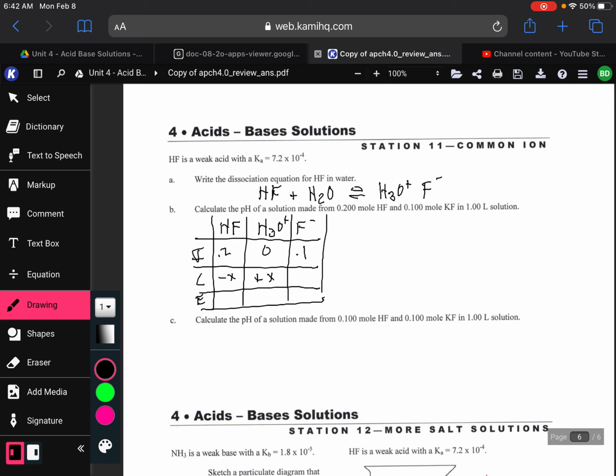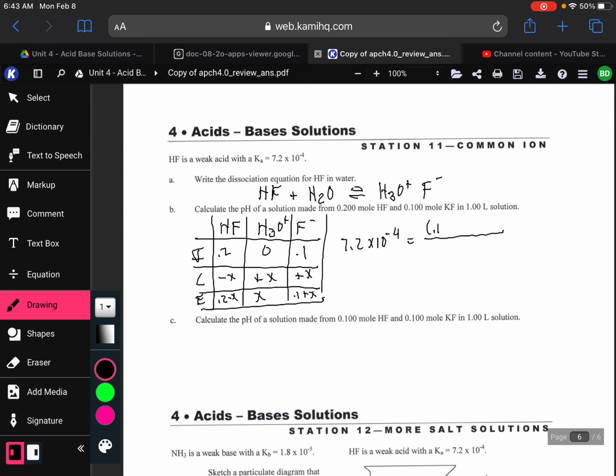So this will be plus X and plus X. So you got 0.2 minus X, X, and 0.1 plus X, like that. Then you can use the Ka, 7.2 times 10 to the -4th. That is going to allow you to use the extra-small approximation.